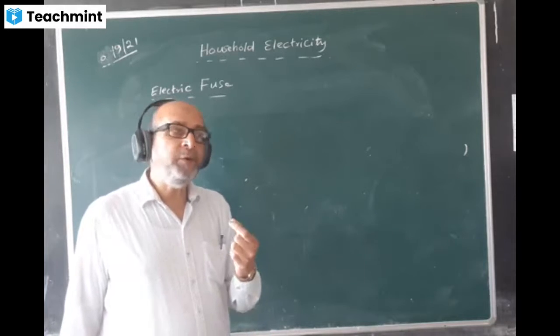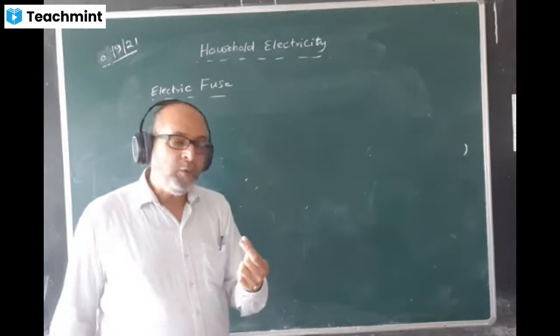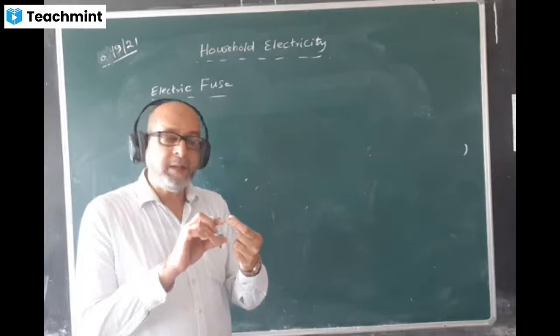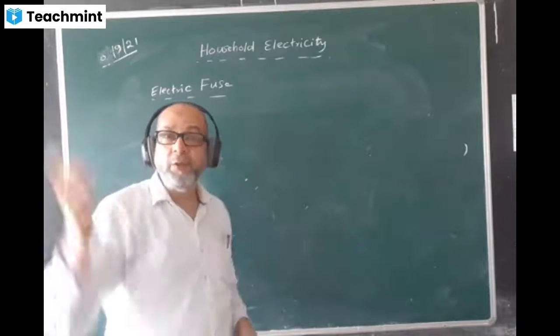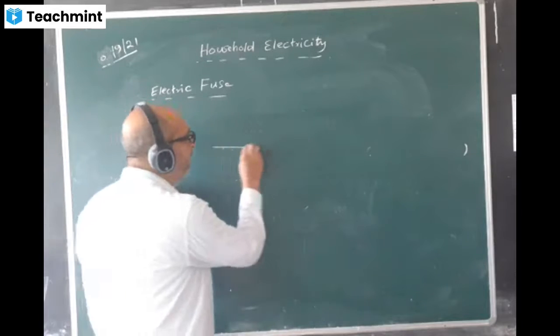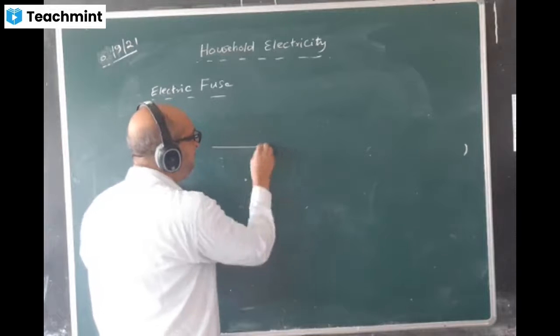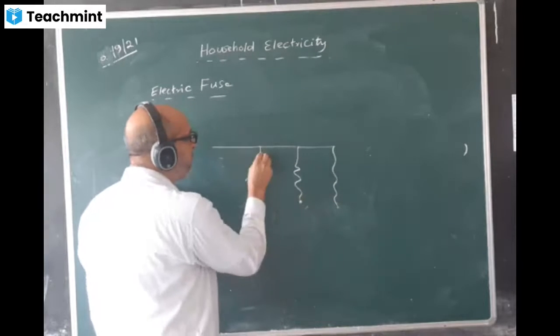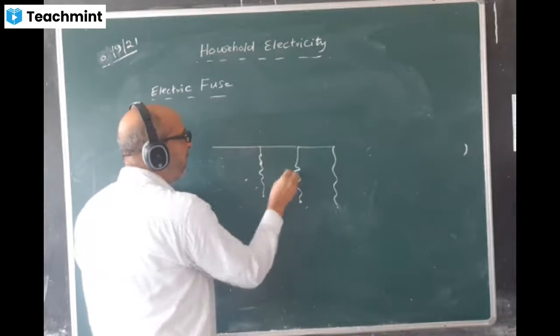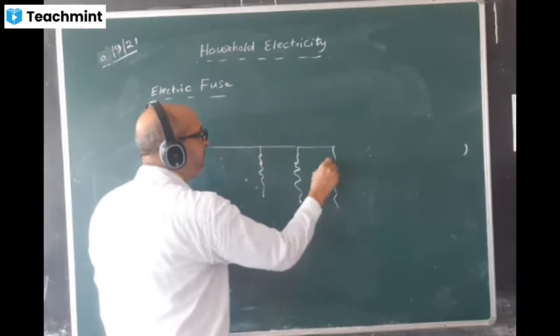If you connect in parallel, wait, I'll tell you, only the current in that particular line will be stopped. Other lines' current will still be flowing, because see, this is called parallel combination.